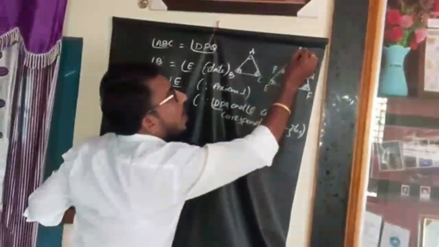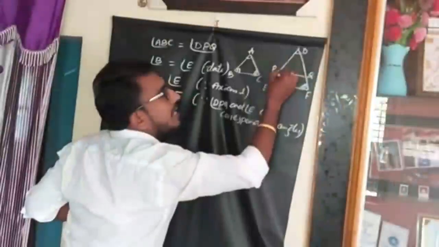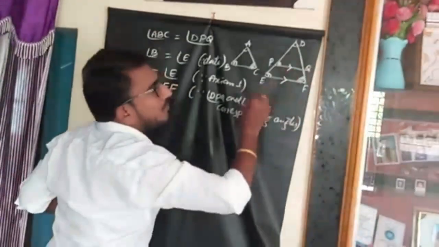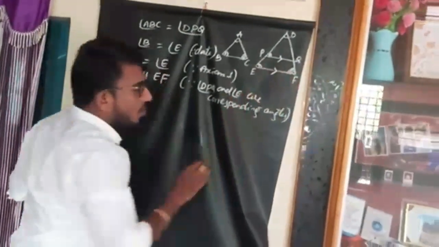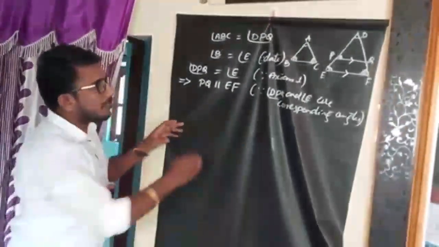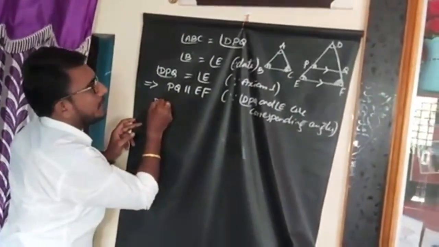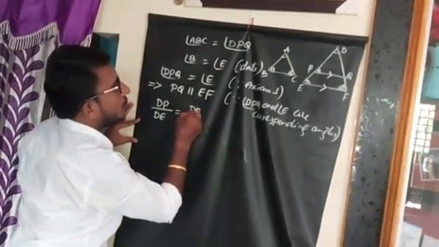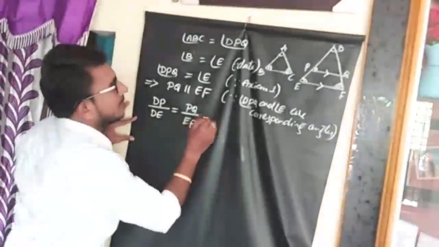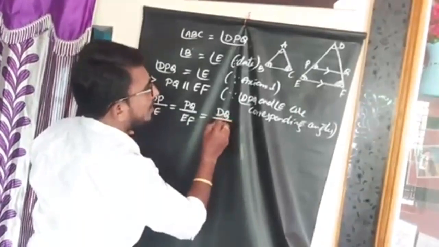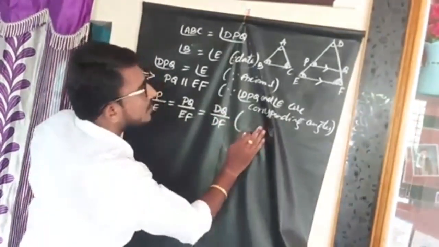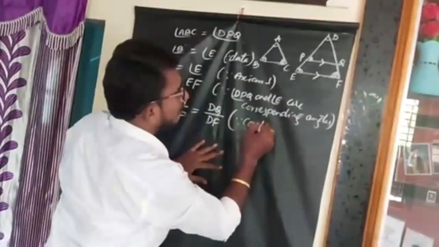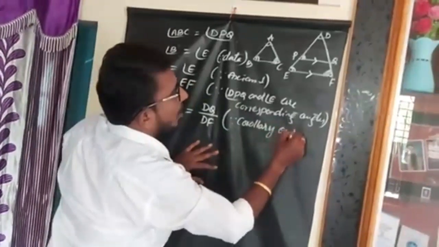According to the corollary, I will write: DP divided by DE is equal to PQ divided by EF, which is equal to DQ divided by DF. This is from the corollary of BPT.